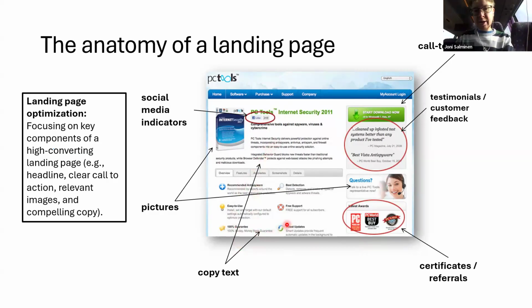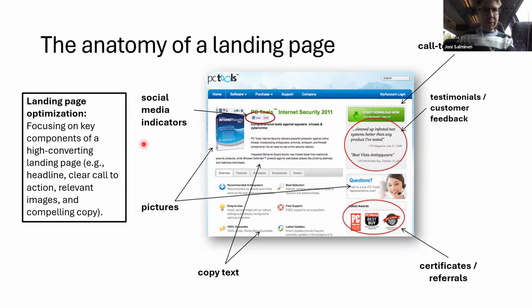Often it's in bullet points and needs to be quite short and quite compelling, using very basic words, so that it's easy for people to read. You have different picture material to communicate about the product, about the company, creating some positive hero image that creates some positive association in people's minds. And then yeah, social media indicators about popularity, for example.